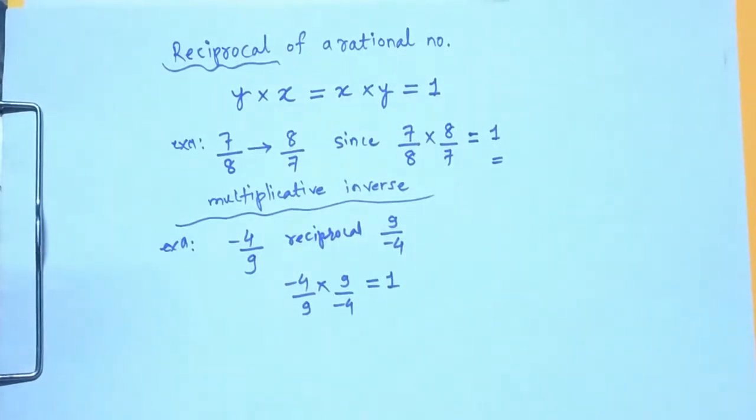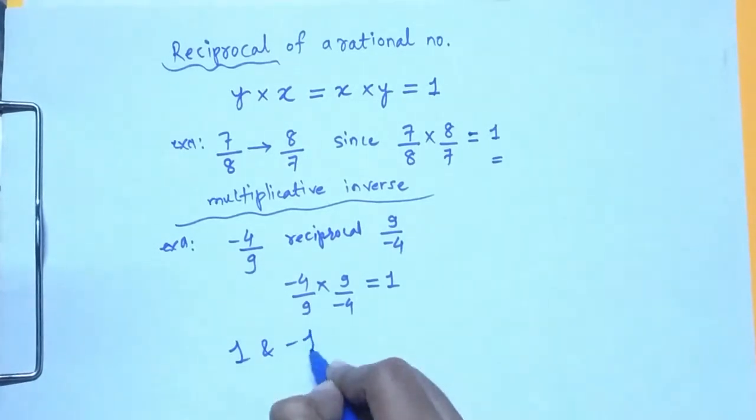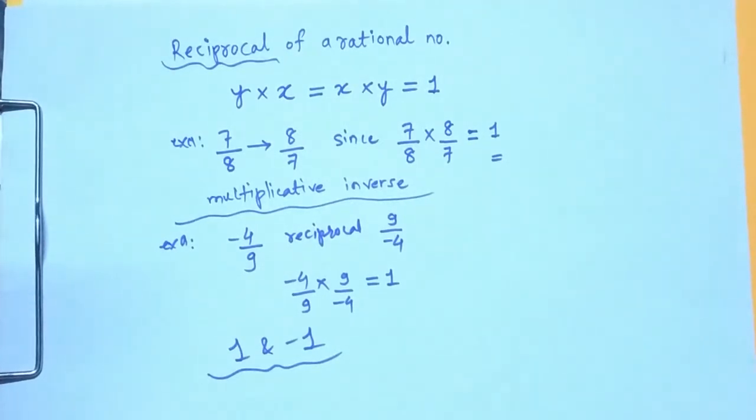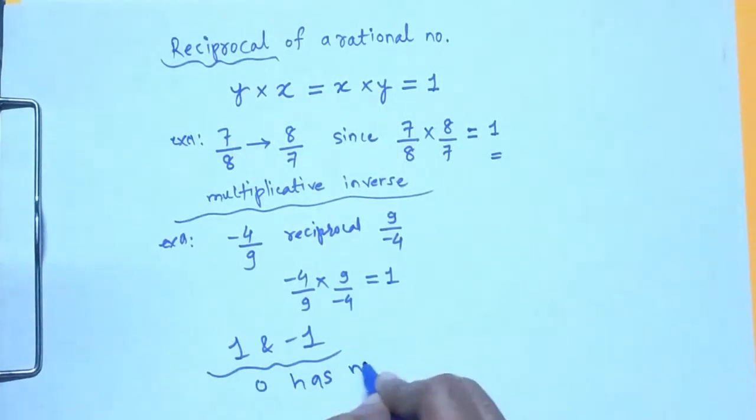And friends, 1 and minus 1 are the only rational numbers which are their own reciprocals. And very important, 0 has no reciprocal.